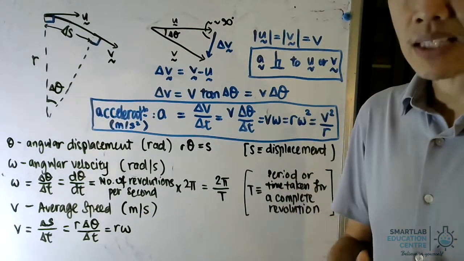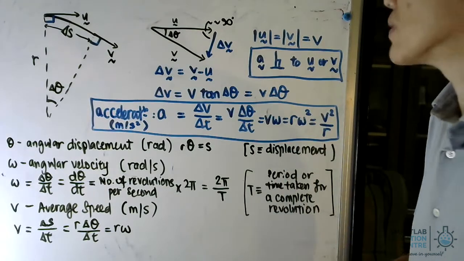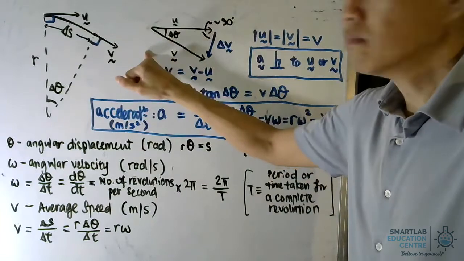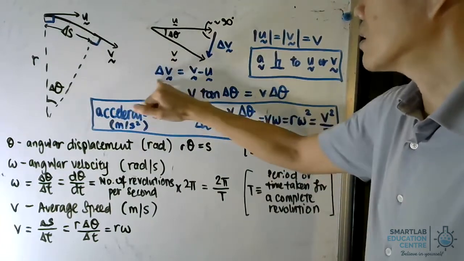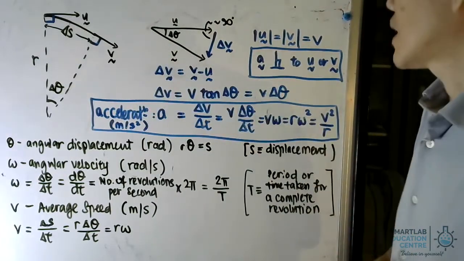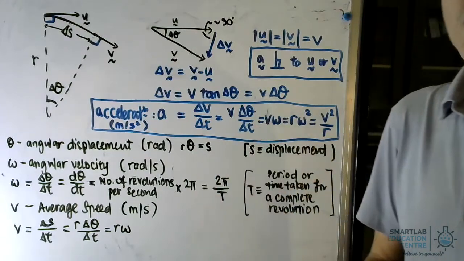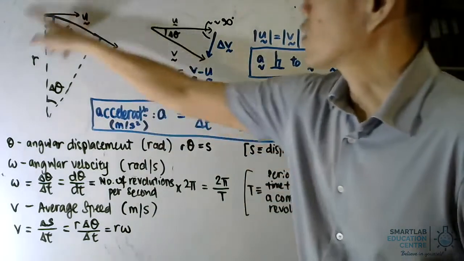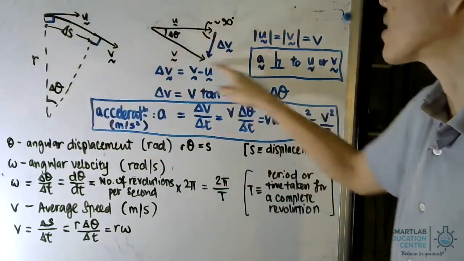Let's take a look at the acceleration for the circular motion. To do that, we need to draw a vector diagram to determine the change in v. As we know, acceleration is the rate of change of velocity. So from the circular motion, we can now draw this vector diagram.